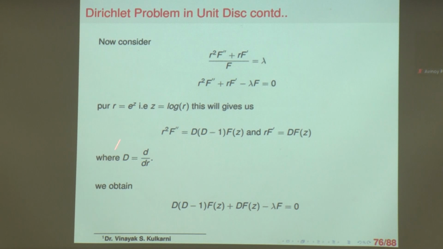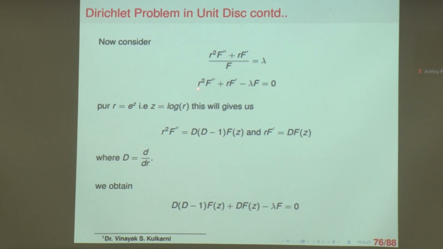Now if I consider this f function, this is a Legendre type equation: r square into the second order derivative of f, plus r into the first order derivative of f. You might have studied the Legendre type differential equation somewhere.